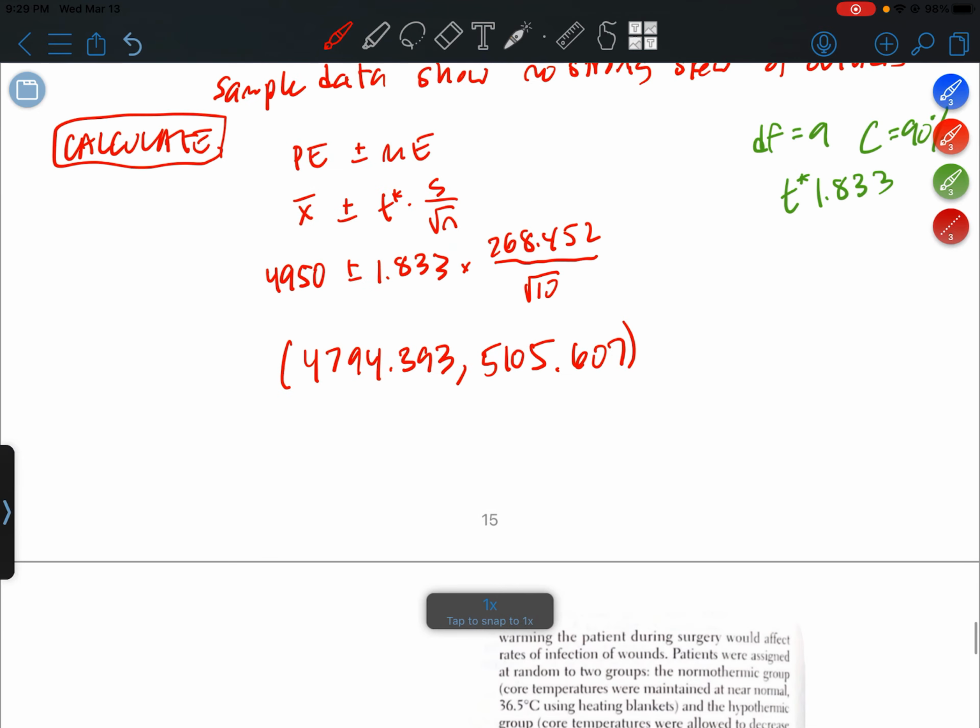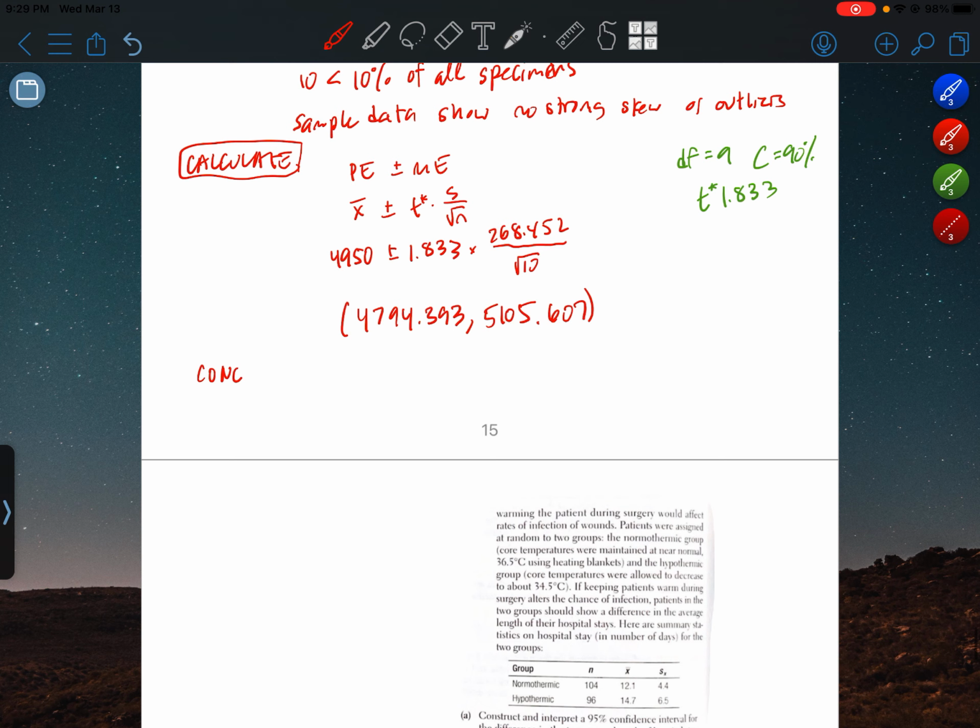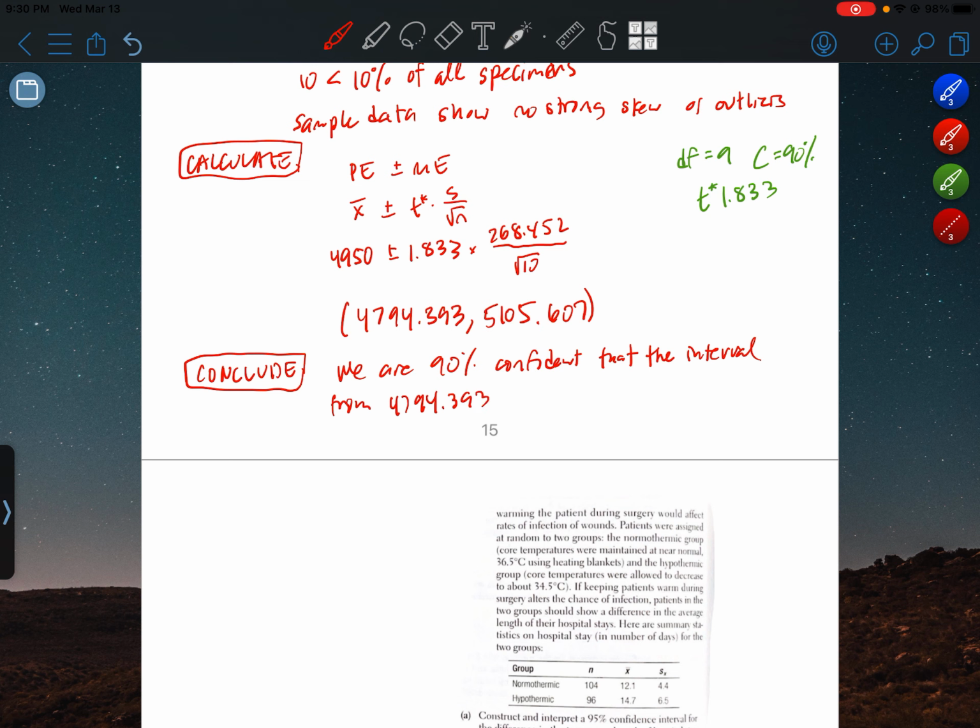Finally, conclusion. We are 90% confident that the interval from 4,794.393 to 5,105.607 captures the true mean number of bacteria per milliliter.